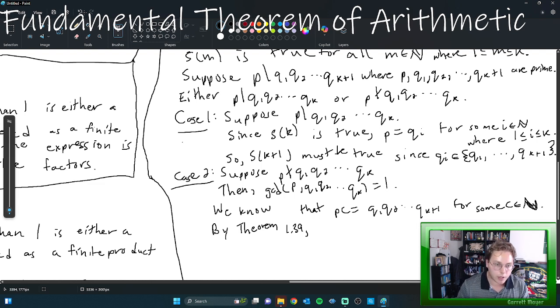So we'll just write it out. Where 1 equals Px plus Q1, Q2, ..., Qk times y, because remember the GCD of these two is equal to 1.